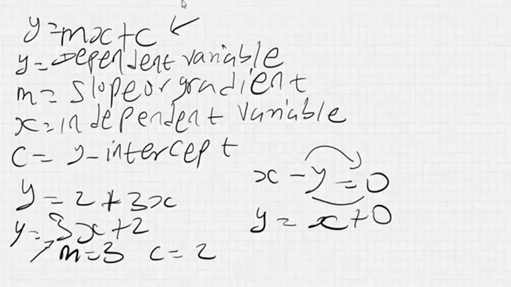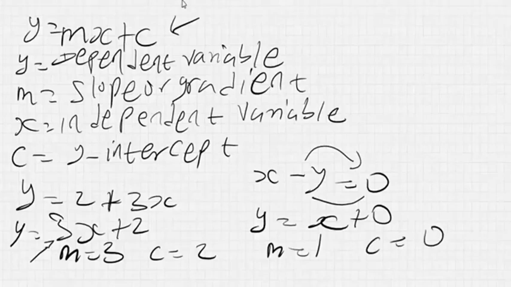Our m will be 1 because the coefficient of x here is 1. That's our slope. Our y-intercept c will be 0. That's what is happening in this example.